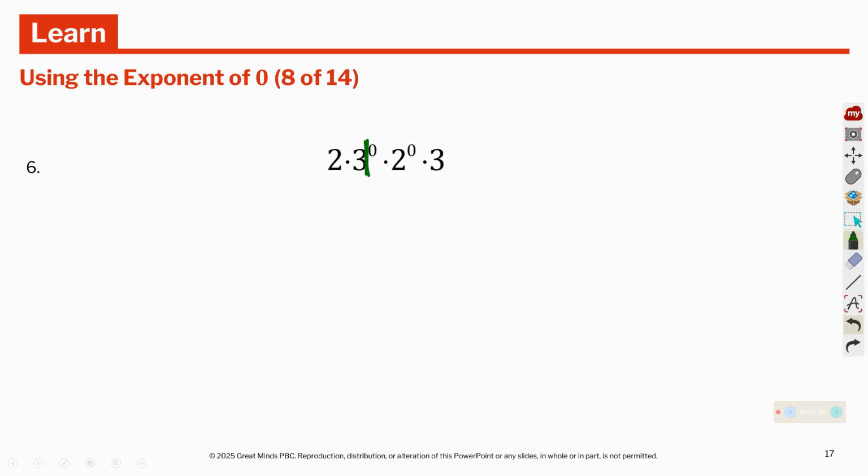This is 1, this is 1. 2 times 1 is 2, 1 times 3 is 3, and 2 times 3 is 6. To the 0 power is just 1. 1 to the 3rd, 1 times 1 times 1 is 1.